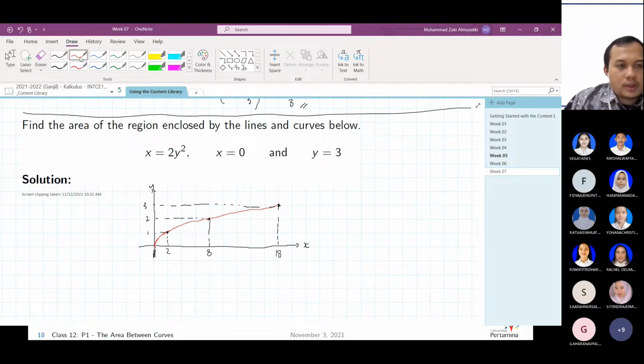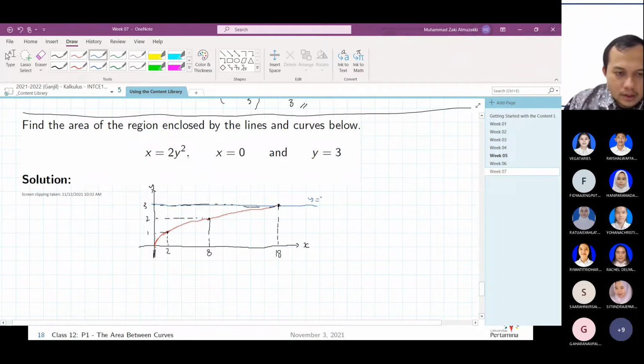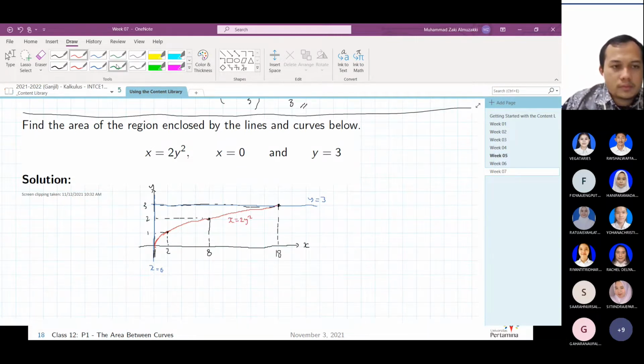Basically, the area is enclosed by y equals 3, x equals 0, and the curve x equals 2y squared. So basically the area is this region.